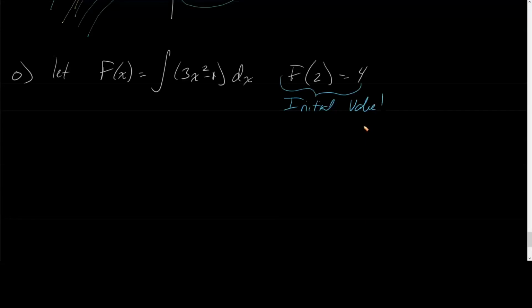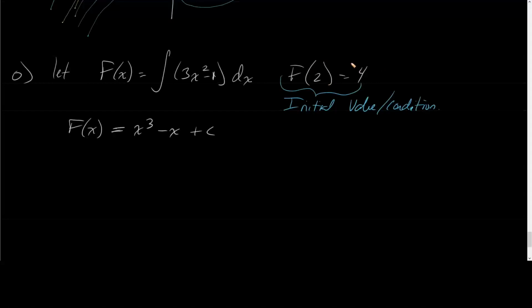Well, we know what f of x is. We already calculated that antiderivative. It was x cubed minus x plus c. But we also know that when I plug in 2, I'm supposed to get 4. That's what this initial condition is telling me.